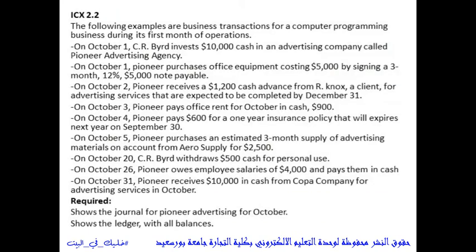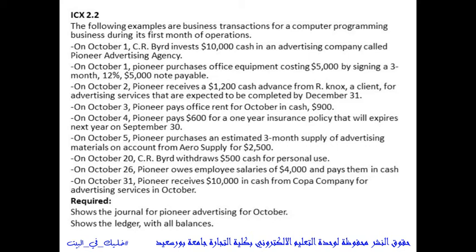Example 2.2. The following are business transactions for a computer programming business during its first month of operations. On October 1, CR invests $10,000 cash in an advertising company called Pioneer Advertising Agency.